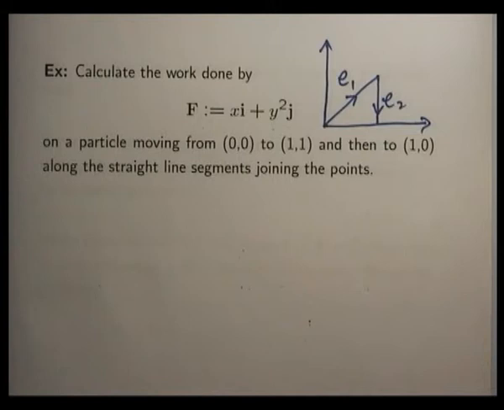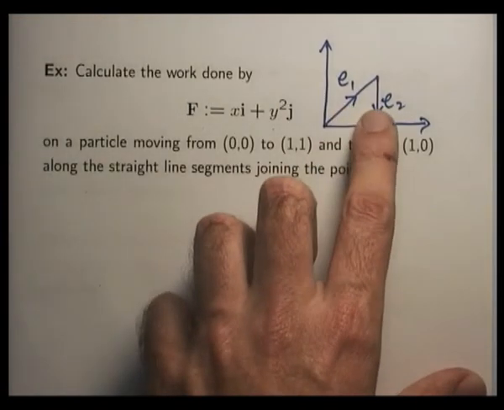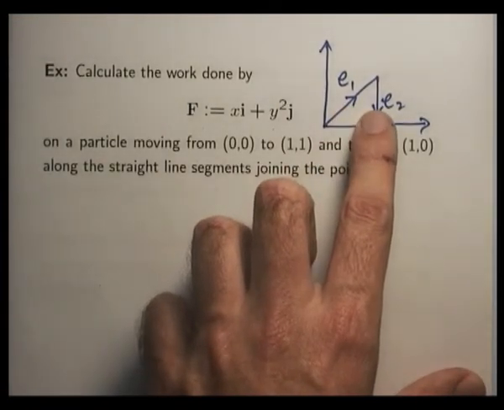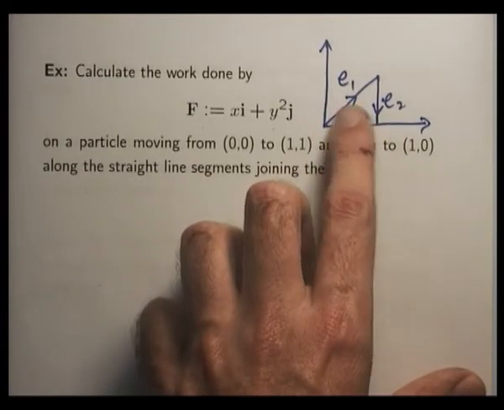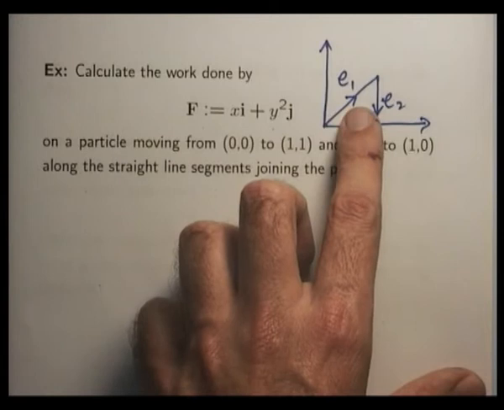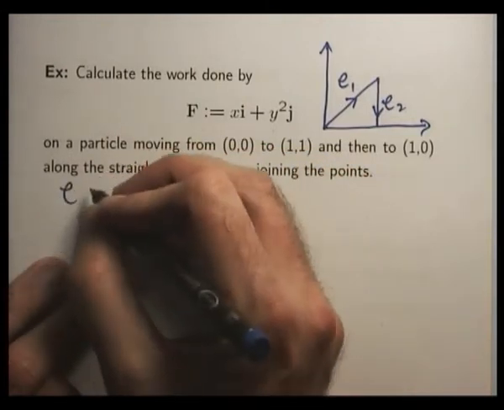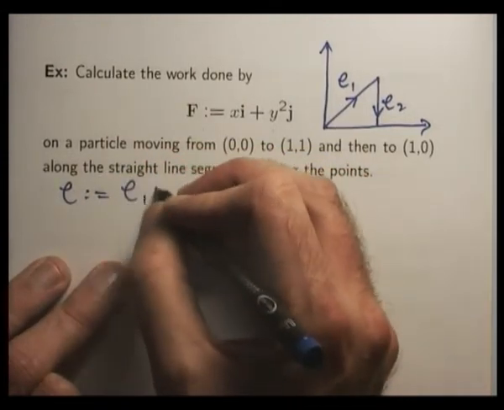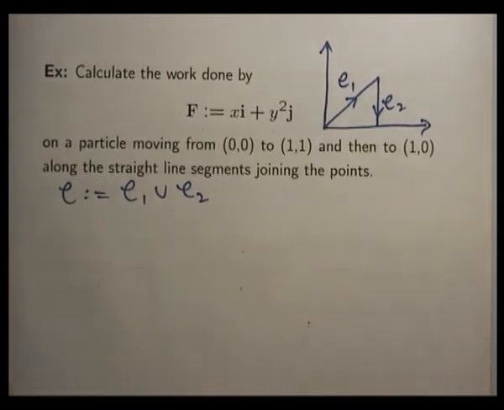Okay? So now what I have to do is choose parameterizations for C1 and C2, and then I'll separately work out the work over both of these paths, and then add the 2 quantities together. Okay, so here I'm going to let C, curly C, be defined by both C1 and C2.